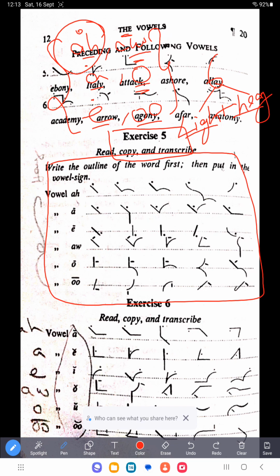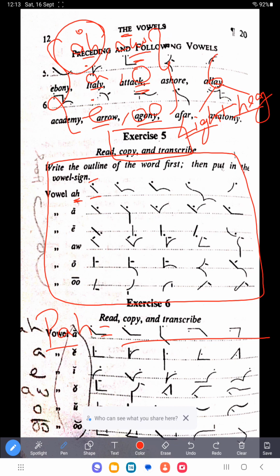Now let us see the words which have the sound a. If you see exercise 5, in the first line we have the words with the a sound. The first word we have here is the word pa. We are going to pronounce it as pa. You need to stress the word rather than just saying it with your mouth closed.